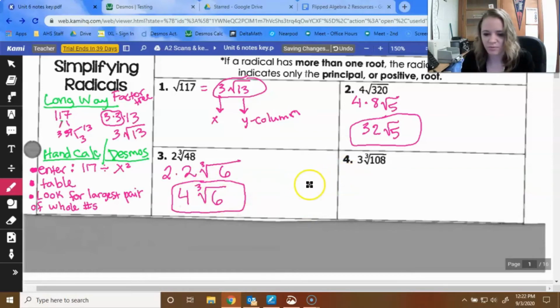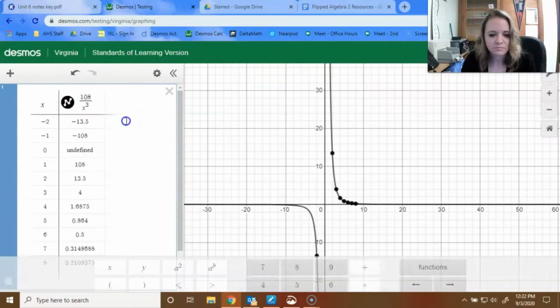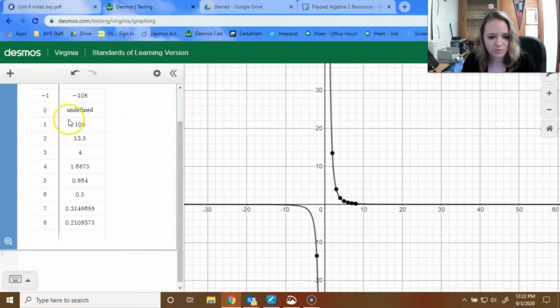Okay, let's do one more, just to be sure. 108, so I'll change this, and it's still third root. All right, here's 1, 3 to 4. 4 doesn't have any factors that can be third roots. So 3 and 4.